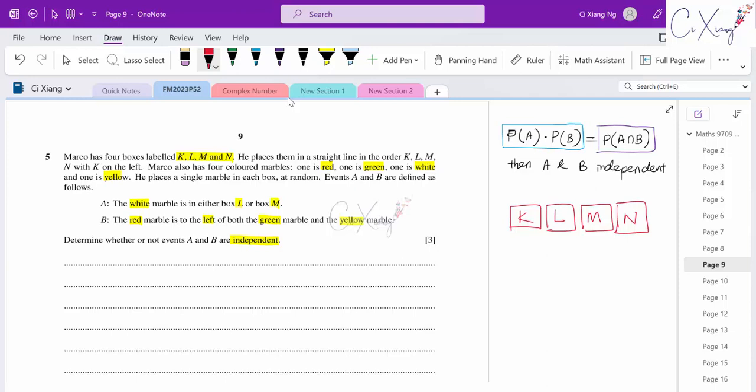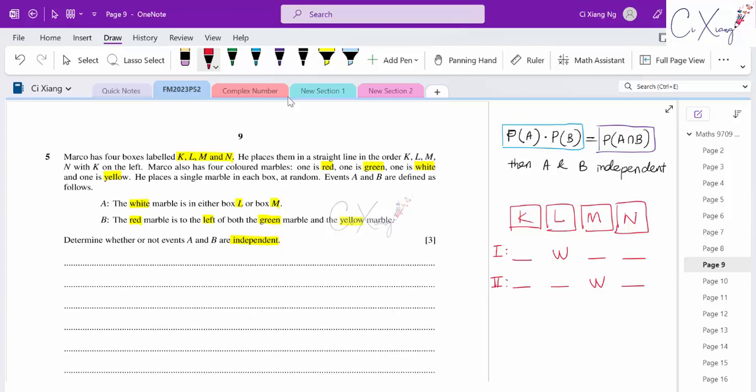For event A, the white marble is in either box L or box M. So the white marble must be in L, or another case is that the white marble must be in M. This is the first case for event A, and this is the second case: the white can be in L or the white can be in M.